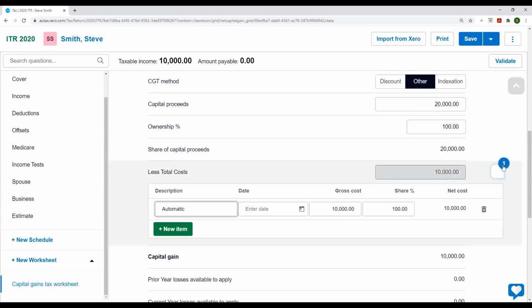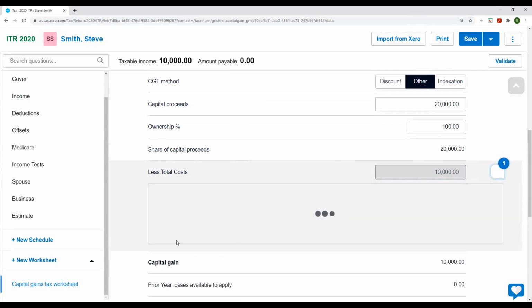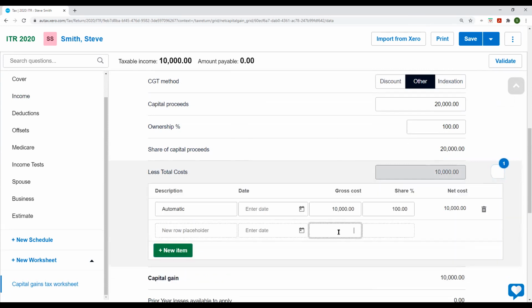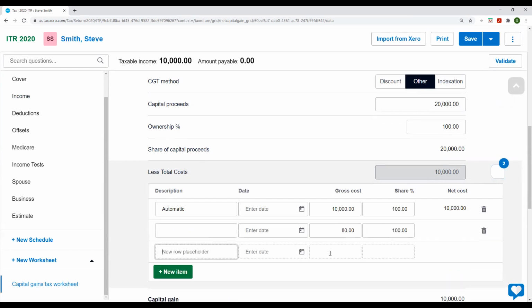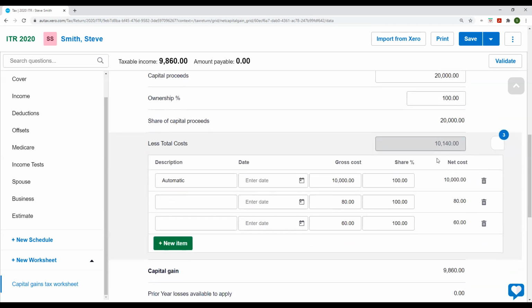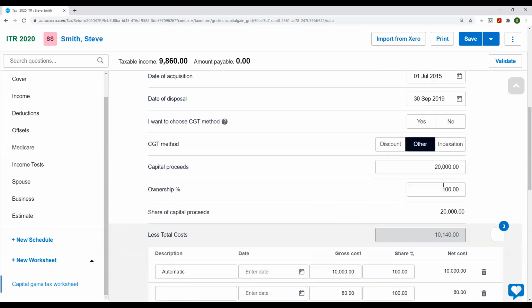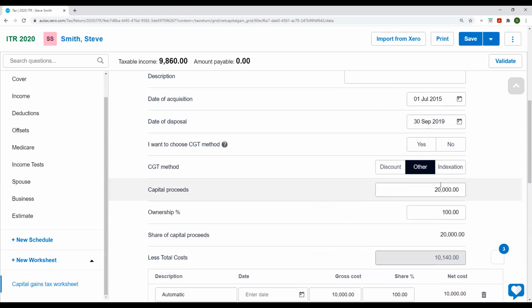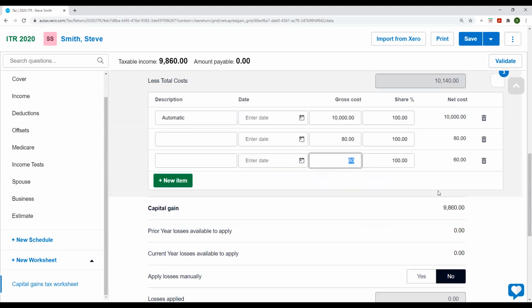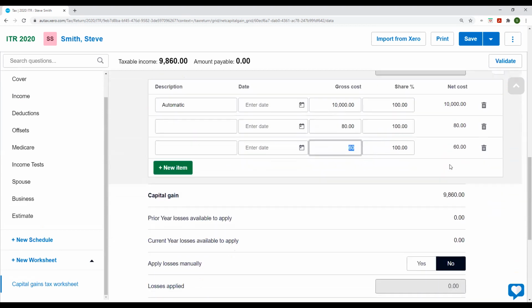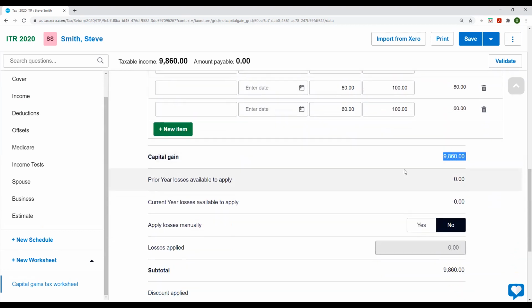Now we have some more expenses, so we're going to add some more lines. $80 for shares, so $80 is your broker fees, and the other one, $60, is selling fees. So now your total cost will be 10,140. In some software, the $60 is taken out from the capital proceeds, but at the end of the day, it's the same. So 10,140 is your cost base. Now your capital gain will be 9,860. So we'll go back to our original screen and see that this answer is right.